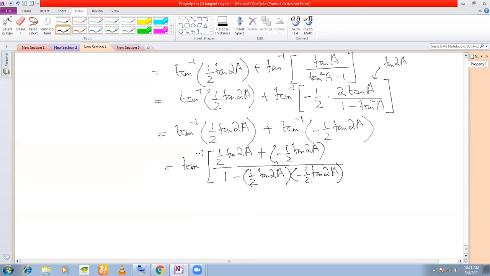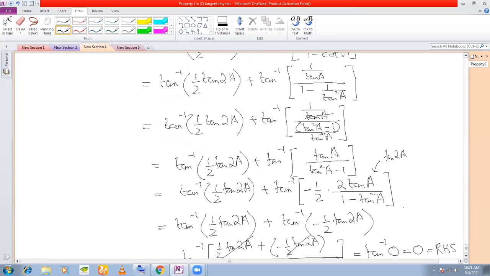So what happens? In the numerator, these two will cancel, right? You'll simply get tan inverse 0, isn't it? And what is tan inverse 0? Tan inverse 0 is 0, which is the required proof. Any questions on any step in this problem? No questions? Then move on to a very simple problem.